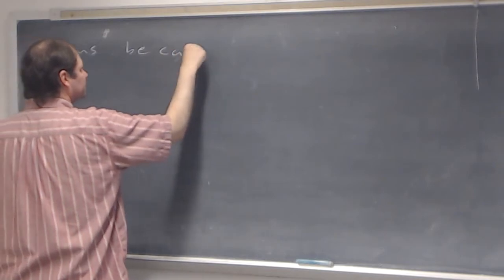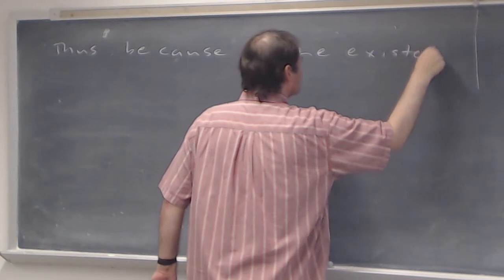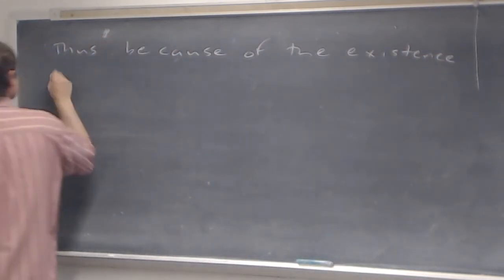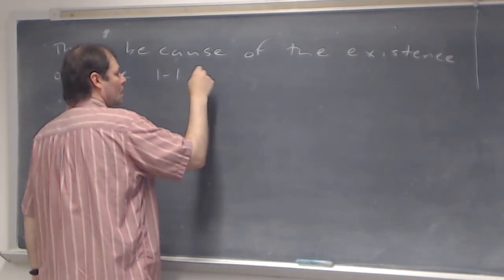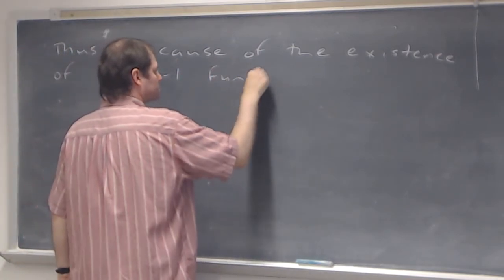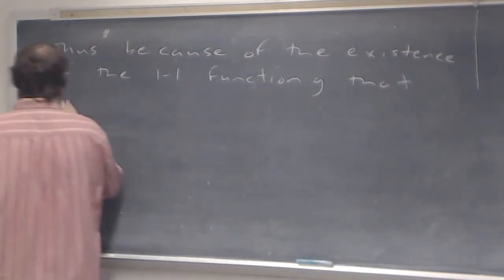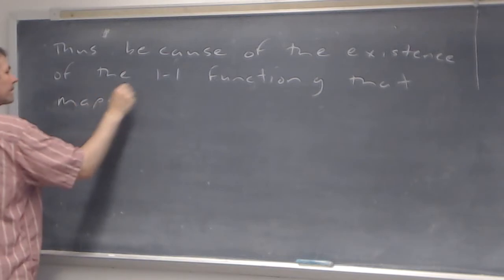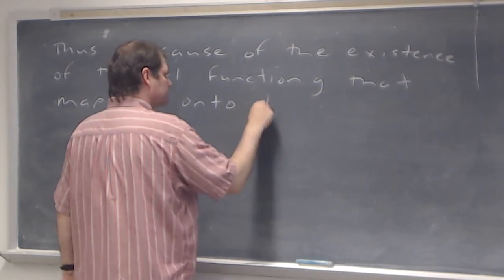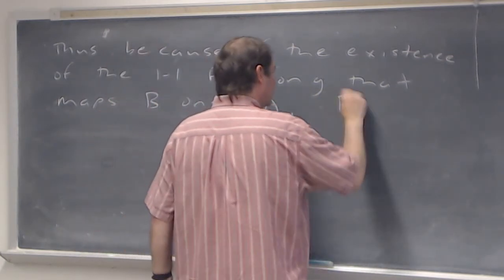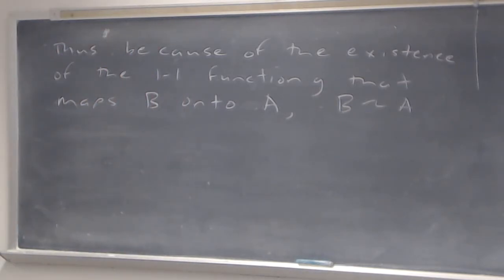Because of the existence of the one-to-one function G that maps B onto A, B is equivalent to A. That was the second thing about the equivalence relations that we had to show.